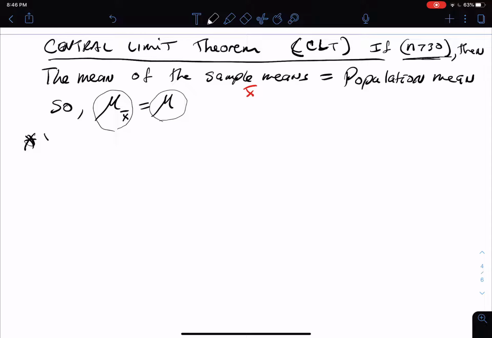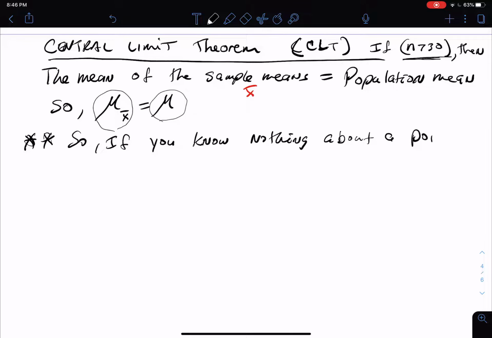So let me highlight that. If you know nothing about a population, and you sample it using a simple random sample, how would you sample it?